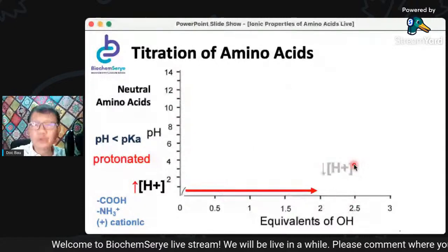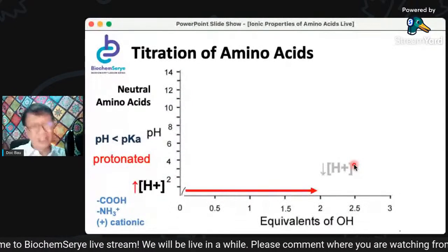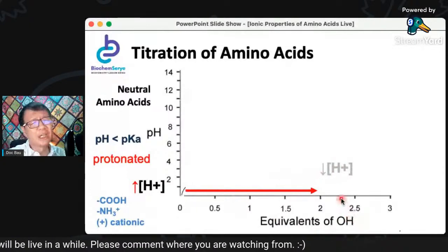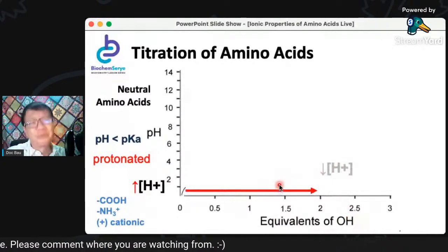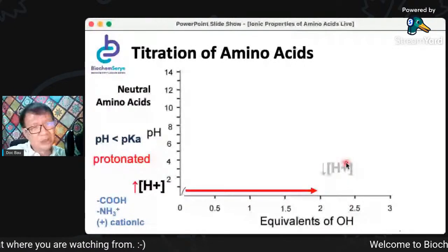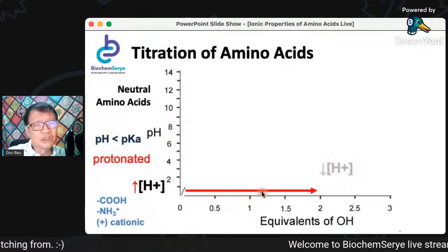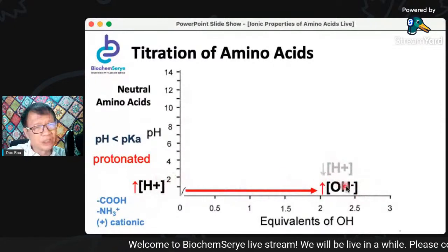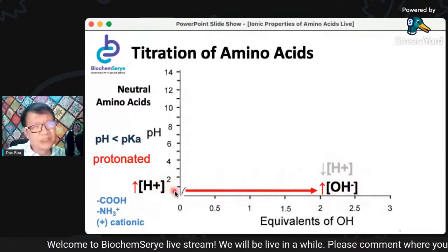But to train ourselves, when you add sodium hydroxide, this is negative. What I remember is I don't deal with hydrogen ion concentration anymore, but with hydroxide concentration, because they have different charges. So this will make it easier later on.